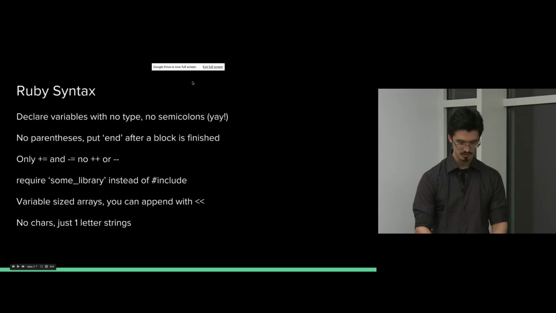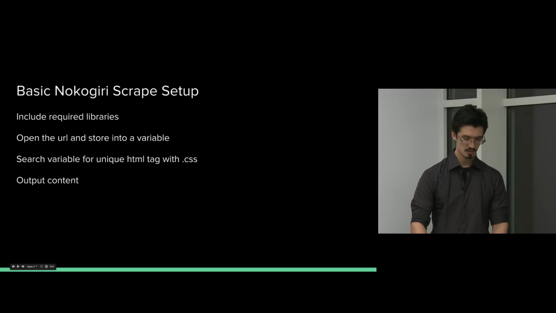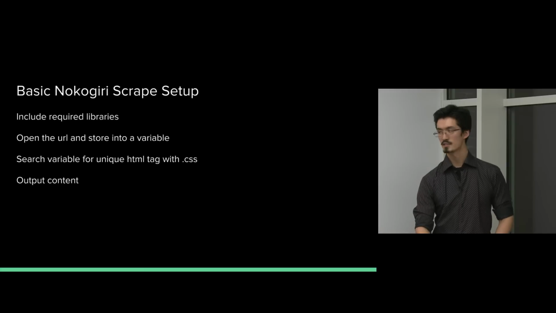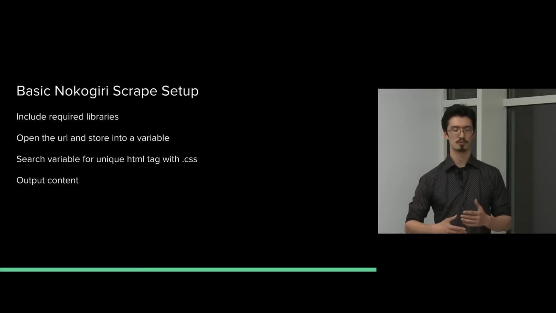And now that you know Ruby, we can go on to the basic Nokogiri scraping setup. Essentially, all you have to do is, in Ruby, require the libraries, and for our purposes, we'll be using the library OpenURI as well as Nokogiri. And then what you do, and I'll give you the syntax for this, is you open the URL much as you would in a curl request.